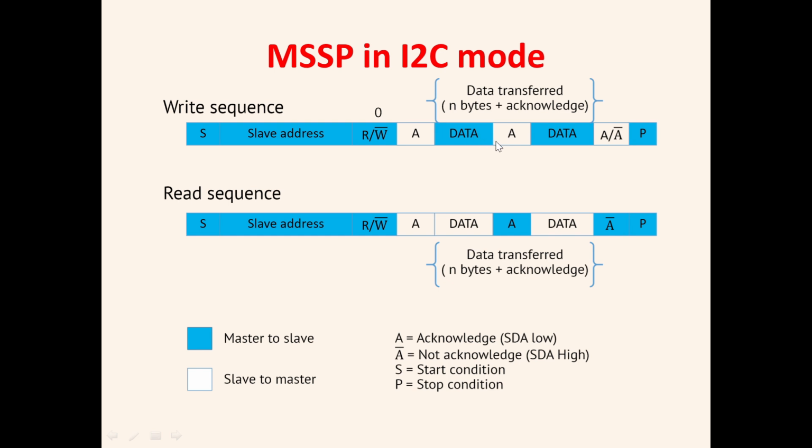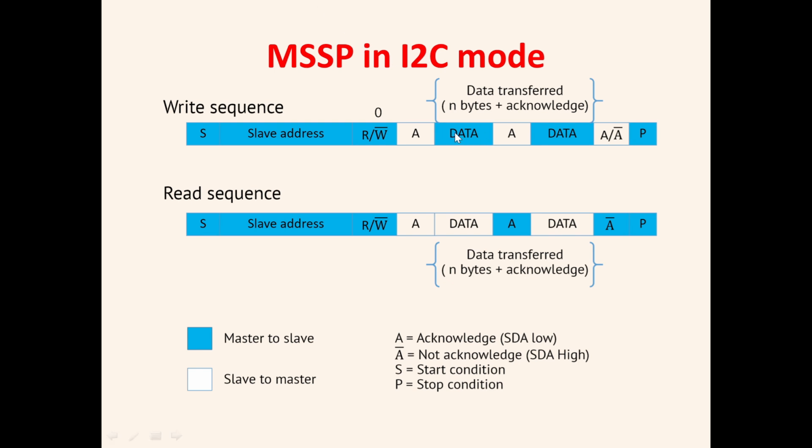Then, similar to the previous data packet, your master will again send further data packets to your slave. In this way, multiple data can be transferred over the same write sequence from master to slave.